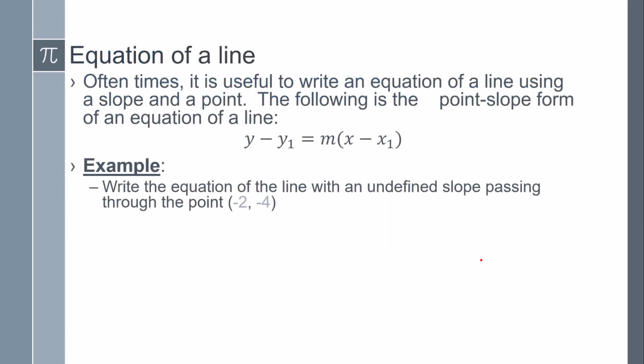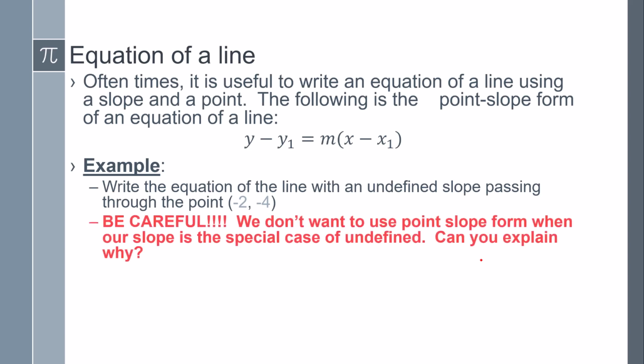Now, oftentimes it's useful to write an equation of a line using a slope and a point, but sometimes we may get an undefined value. If we get an undefined value, you have to remember that in the previous lesson we used that special case, x equals a number.